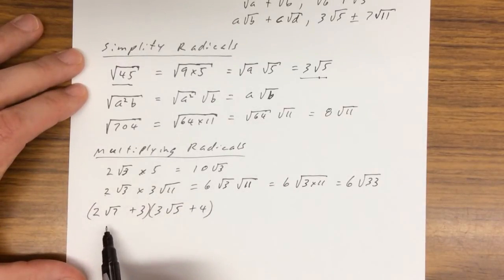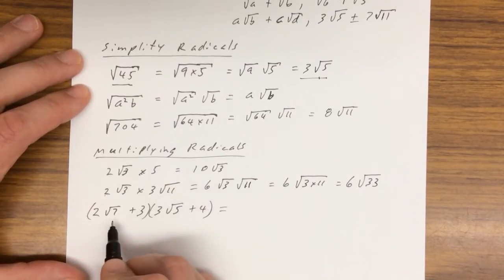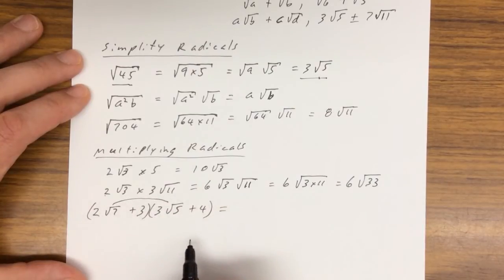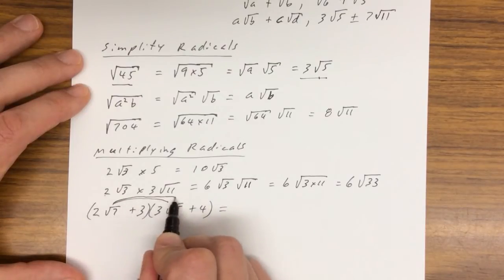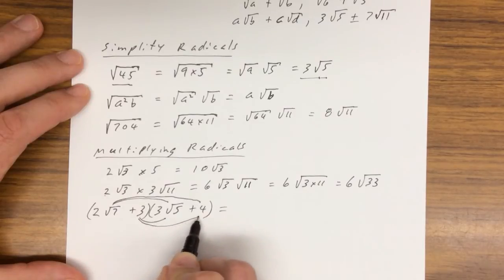We use the FOIL, the distributive law for a binomial times a binomial. So we multiply the first, which are these two. Okay, first, then the outside, then the inside, then the last.